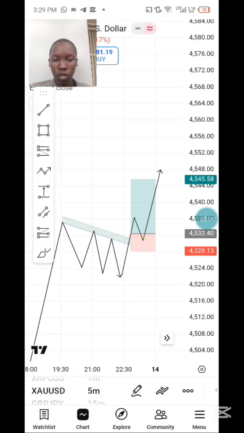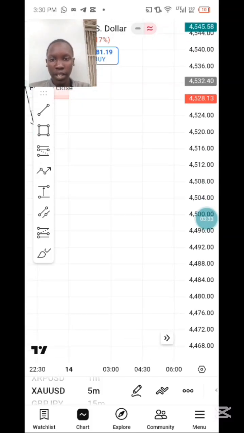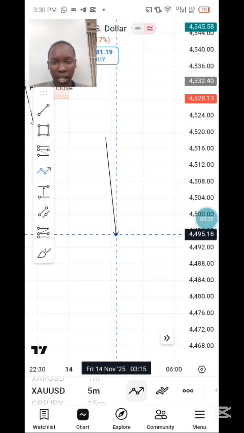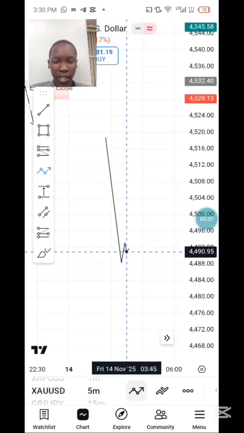That's how you should do it, and it's the same in a bearish market. You wait for aggressive selling, then wait for it to consolidate.